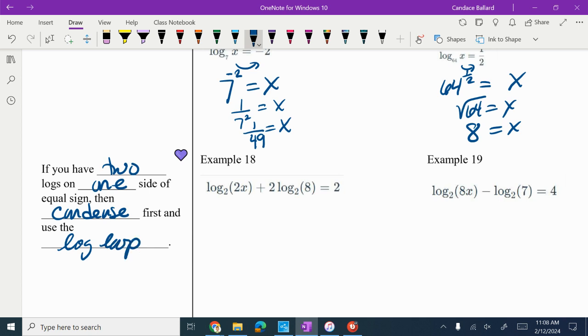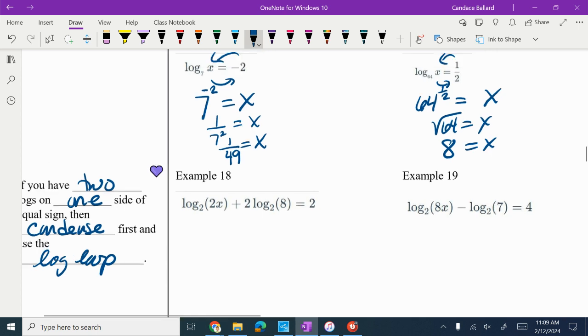So we're going to use some of the skills we learned in the first part of the unit. We're going to condense our logarithms together. So we're going to turn addition into multiplication, subtraction into division, and then we're going to use our log loop because we'll be down to 1 log on one side.